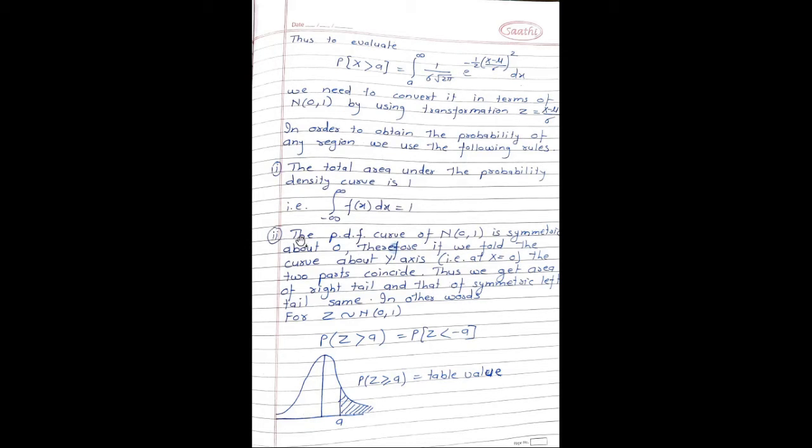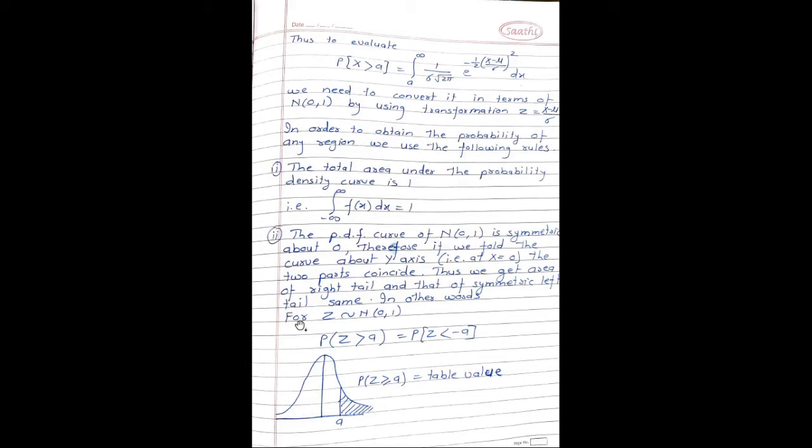Second rule, the probability density function curve of normal 0, 1 is symmetric about 0. Therefore, if we fold the curve about the y-axis, that is at x is equal to 0, the two parts coincide. Thus, the area of the right tail and that of the symmetric left tail are the same.